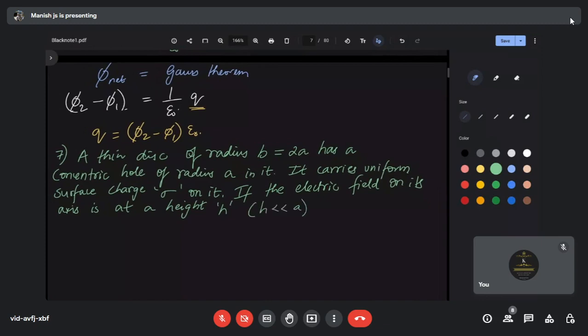They have given a condition: height is very small in comparison to the radius of the concentric hole.